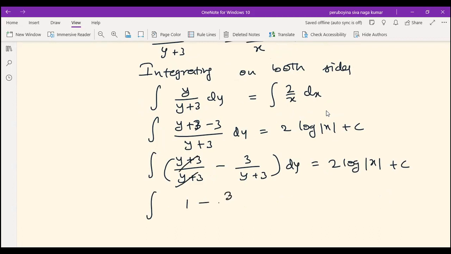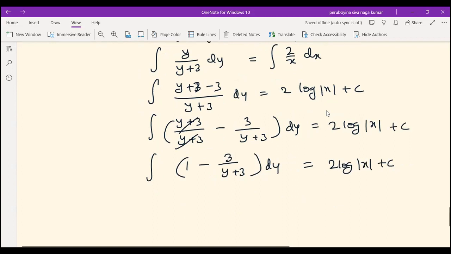So 1 minus 3 divided by y plus 3 dy is equal to 2 log mod x plus c. Now integrate it. The integral is y minus 3, and you know that the integral of 1 by y plus 3 is log mod y plus 3. If it is linear, then you should mention log mod like this. And 2 log mod x plus c.